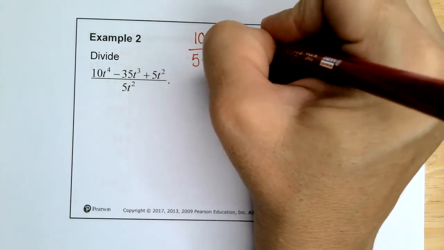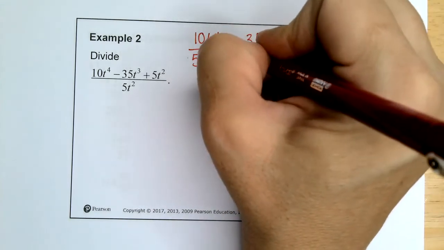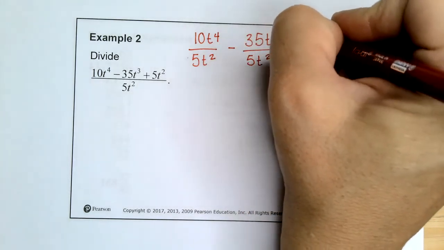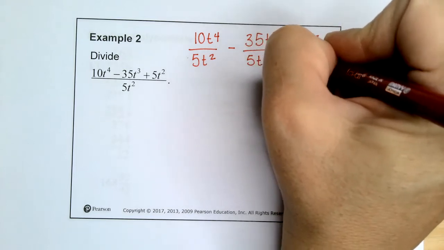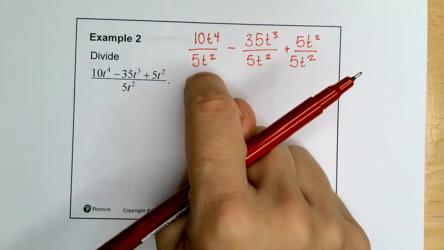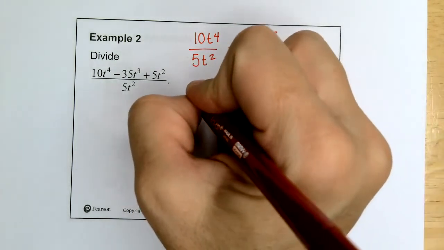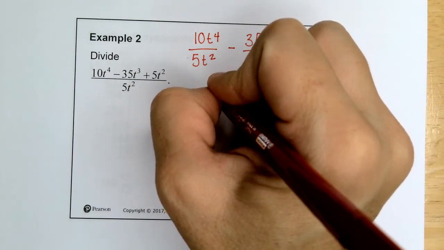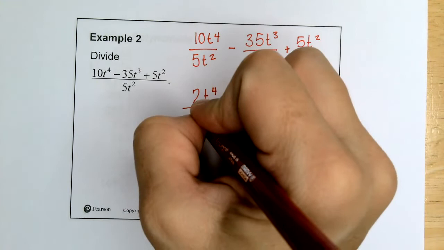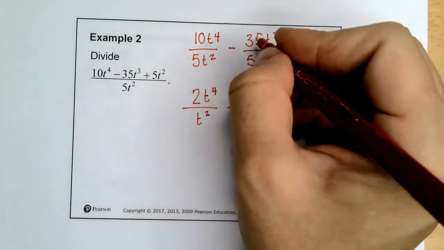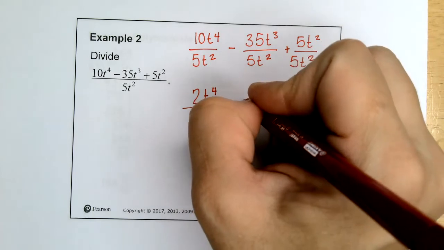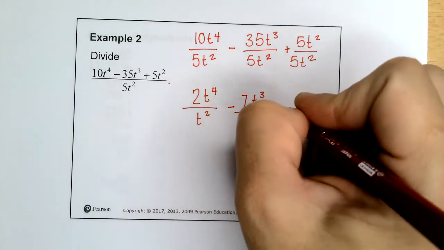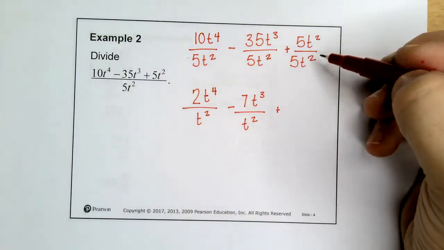Minus 35t^3 over 5t^2, plus 5t^2 over 5t^2. 10 divided by 5 is 2, 2t^4 over t^2. 35 divided by 5 is 7, t^3 over t^2, plus 5t^2 over 5t^2.